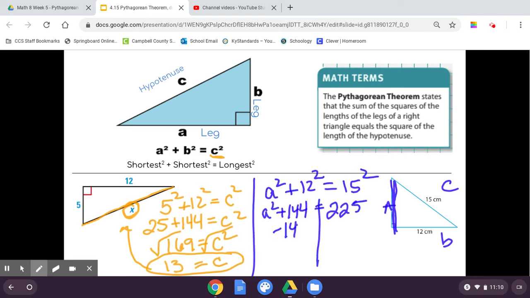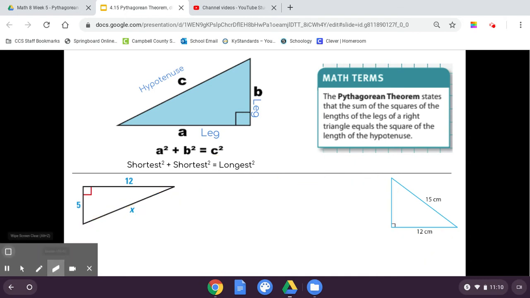Draw that river. Use inverse operations. A squared equals 225 minus 144, which is 81. Square root on both sides, and A is equal to 9. It is shorter than our hypotenuse, so we are good. All right, so that was a quick review of what the Pythagorean theorem is in the first place.